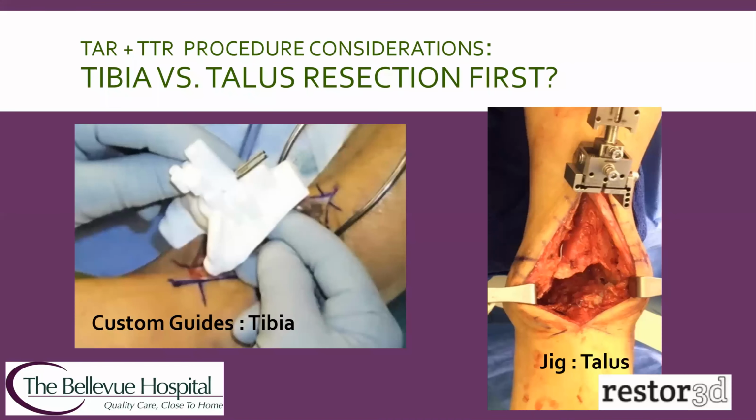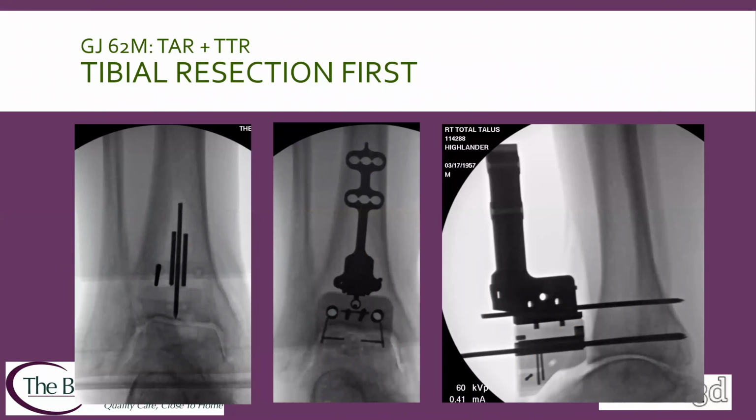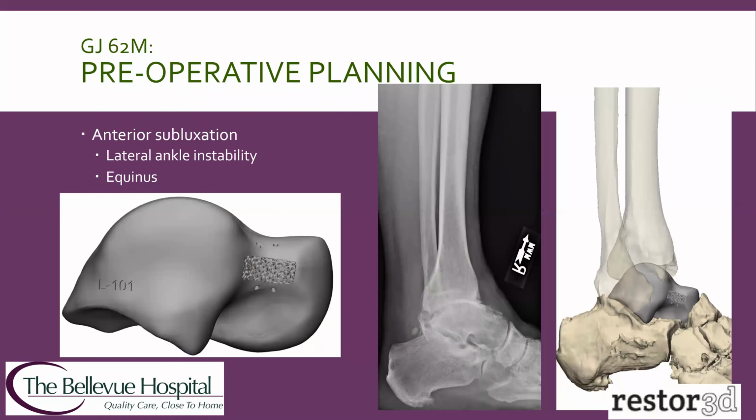As far as total ankle goes, AVN and poor bone quality used to be probably my most common reason not to do a total ankle, other than diabetic neuropathy. Now with being able to do a total talus, that contraindication of poor bone quality kind of goes out the window, because you can replace whatever is poor, for the most part.